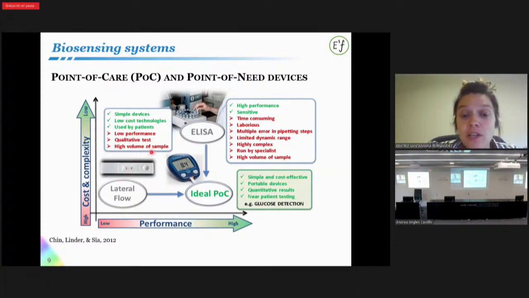So looking at these two types of point-of-care devices that we can find in the market, we want to provide an ideal point-of-care device that will be simple, cost-effective, and very simple to use. It will be a portable device to be at the point of need, to provide quantitative results near the patient, as for example the famous glucose detector.